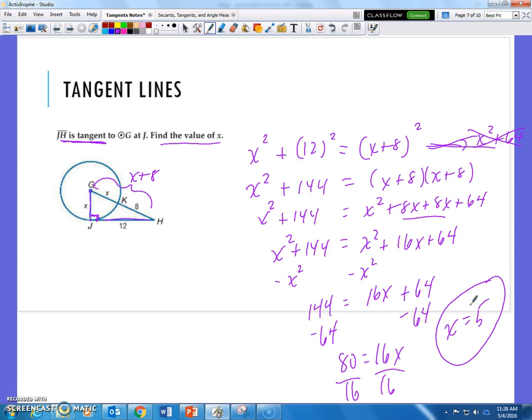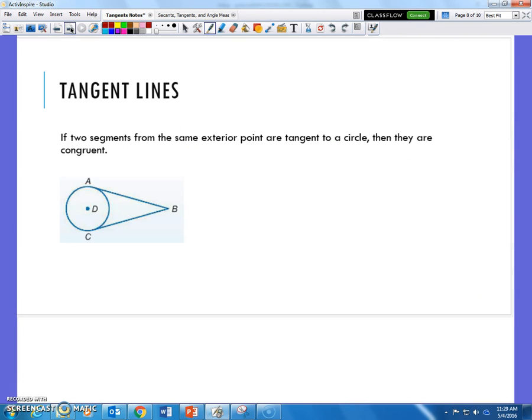All right. So again, the big idea is that if it's tangent, then the radius is perpendicular to that tangent line. If two segments from the same exterior point are tangent to the circle, then they are congruent. This one's a pretty good little theorem to have.